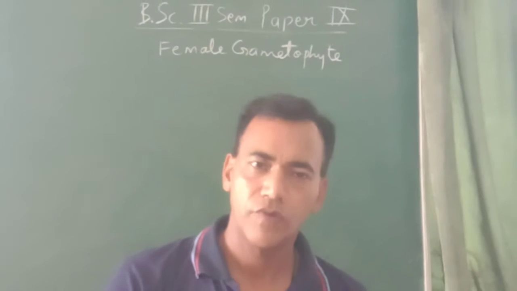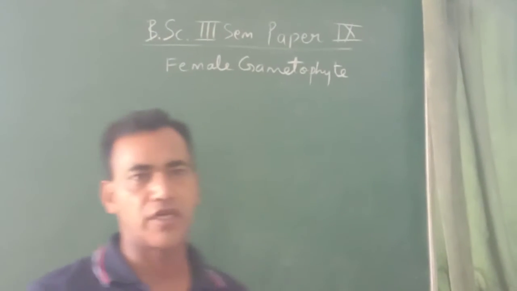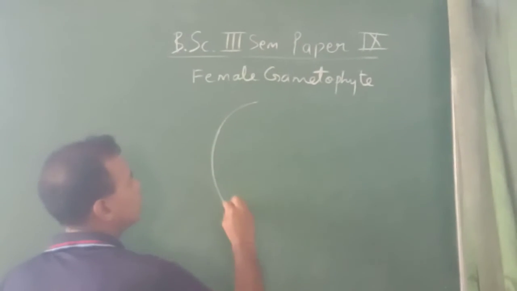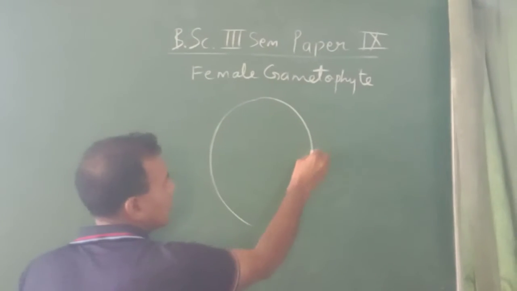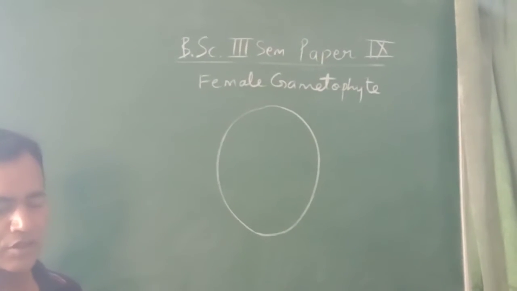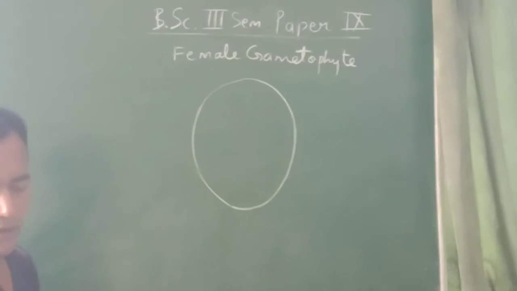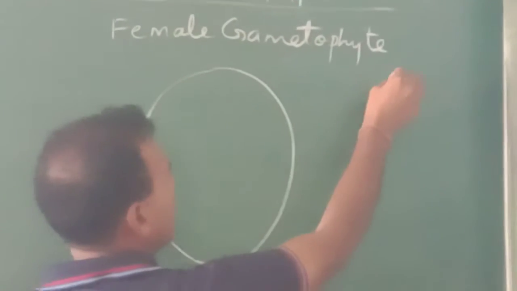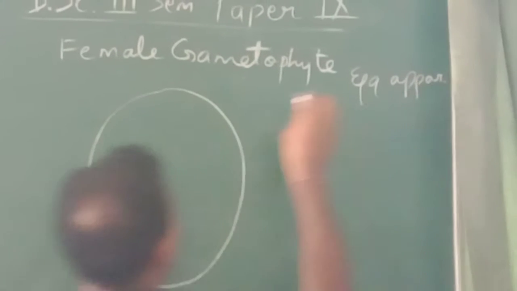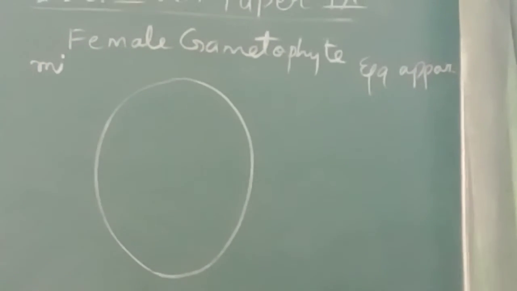The organization of the female gametophyte or embryo sac is almost similar in most cases. It has three main structures. The first is the egg apparatus, which is present towards the micropylar end.